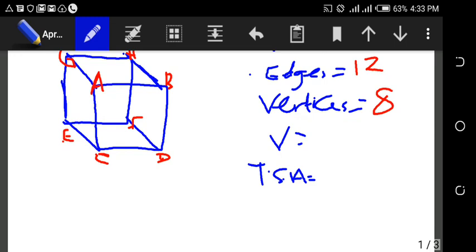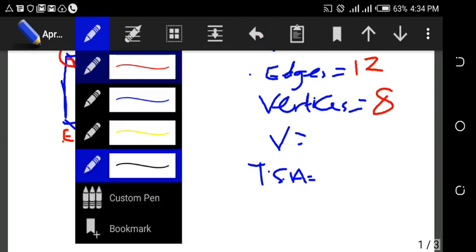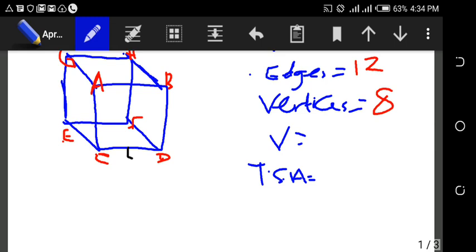So let's label the length as L, the breadth also L, and the height still L, because they are all equal, as your cube is made up of square faces.